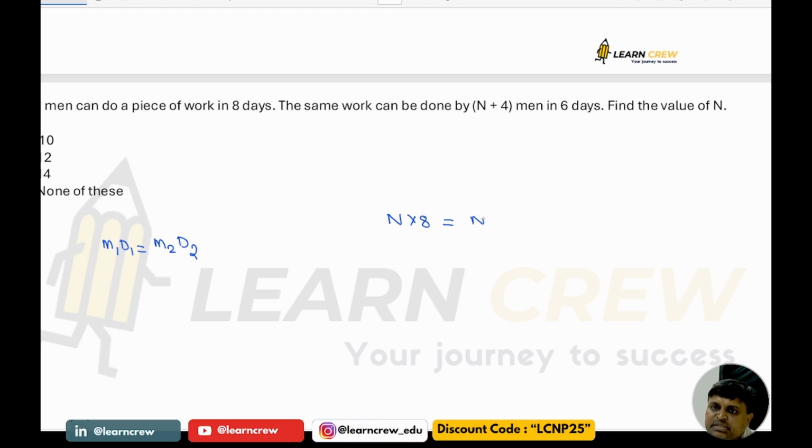M2 is given as N plus 4 and D2 is given as 6. So 4n minus 3n, N is equal to 12. N is equal to 12 is the answer.